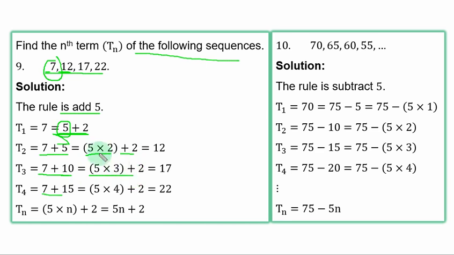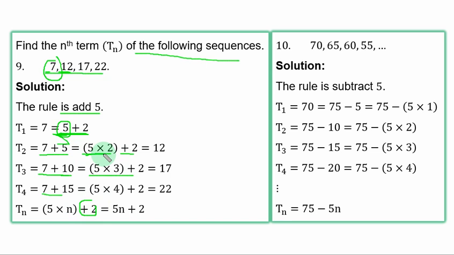You will now observe that there is 5, 5, 5, 5. So this 5 means 5 times 1. See that? 5 times 1, 5 times 2, 5 times 3. So this plus 2 will be there all through as plus 2. Then from this and others, you have 5n.